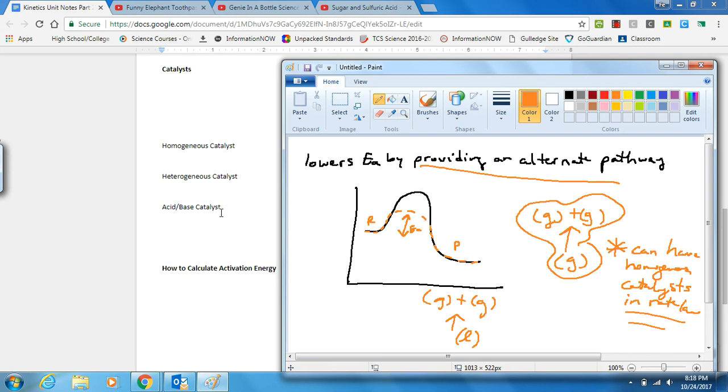An acid-base catalyst is when I take an acid or a base and introduce it into my reactants. If I add an acid to this, that would be an acid catalyst. If I were to add a base to this, then it would be a base catalyst.